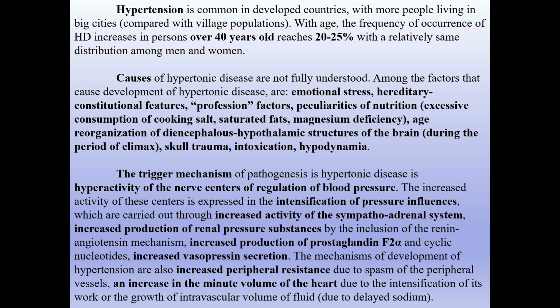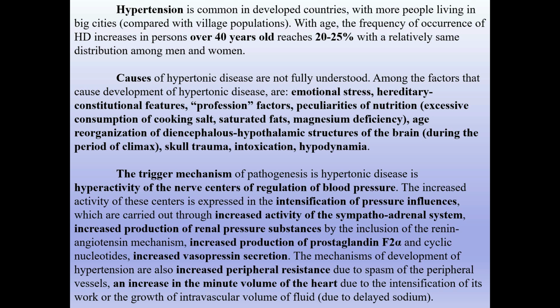Hypertension is common in developed countries, with more people living in big cities compared with village populations. With age, the frequency of occurrence of hypertonic disease increases; in persons over 40 years old it reaches 20–25%, with a relatively equal distribution among men and women. Causes of hypertonic disease are not fully understood.